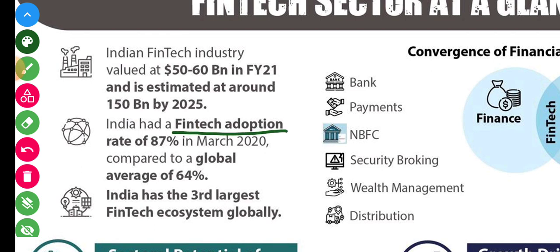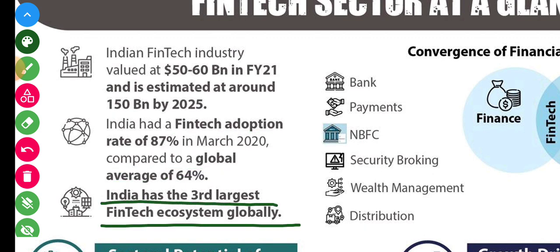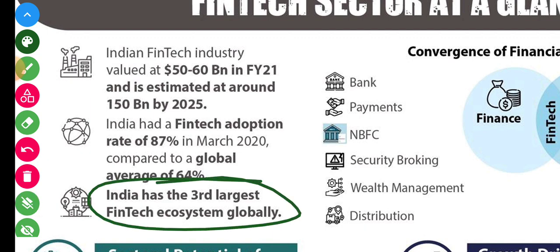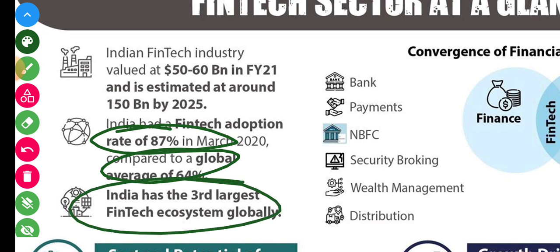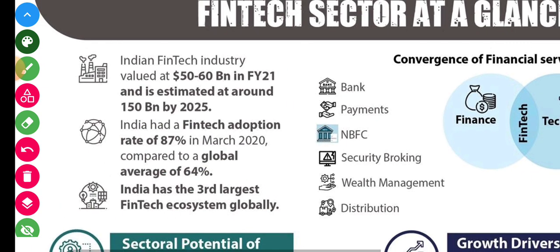India had a fintech adoption rate of 87% in March 2020 compared to the global average of 64%. India has the third largest fintech ecosystem globally, so keep this in mind. These are the factual data which you can grab yourself. Okay, the third largest fintech ecosystem globally, so keep this in mind.